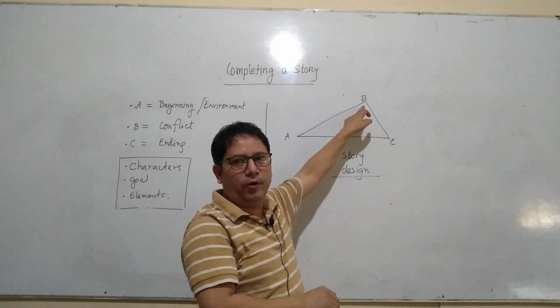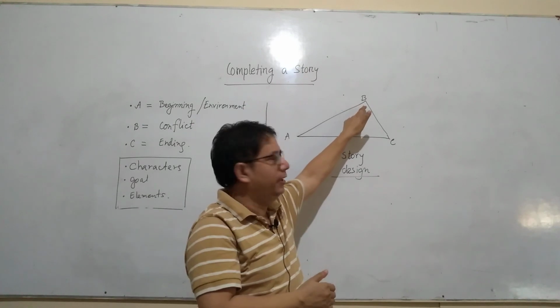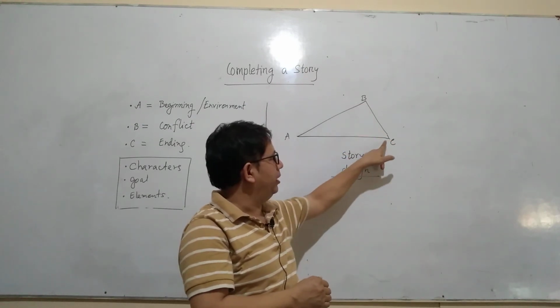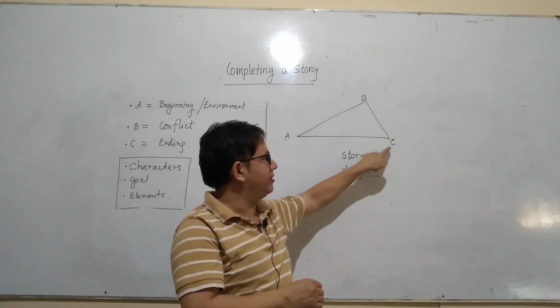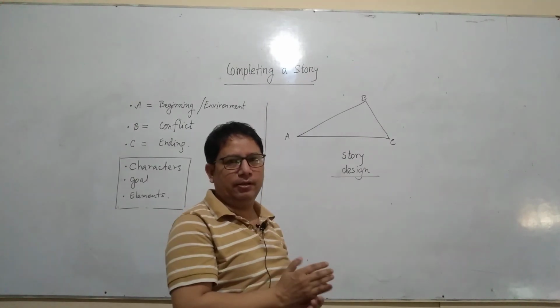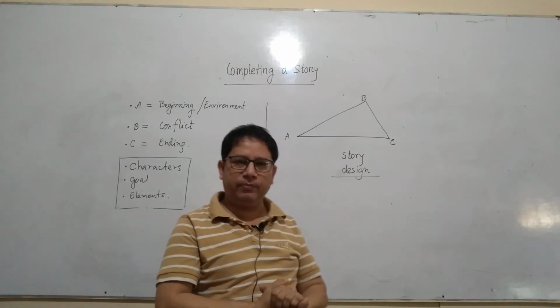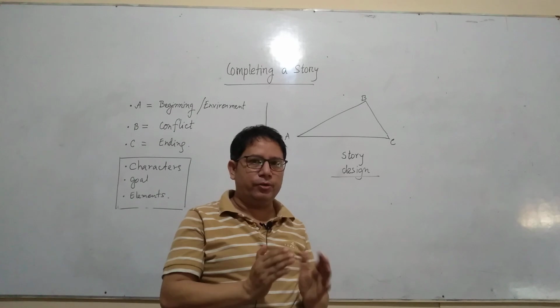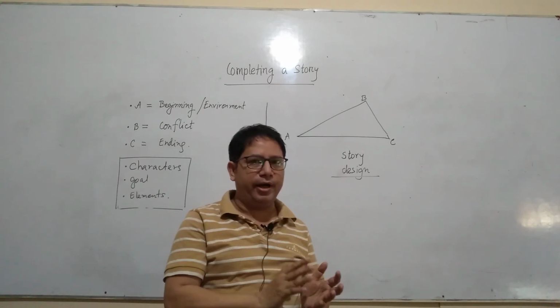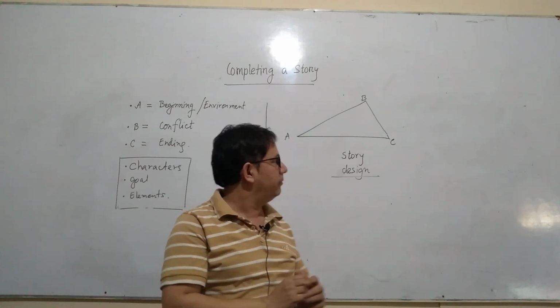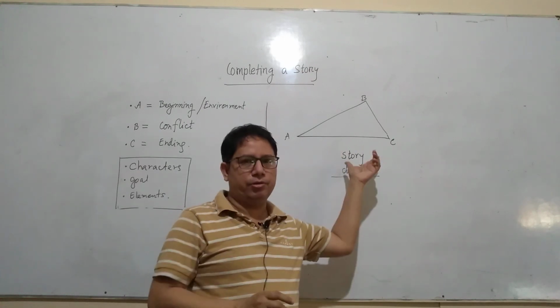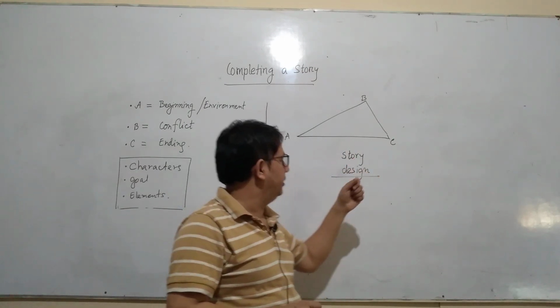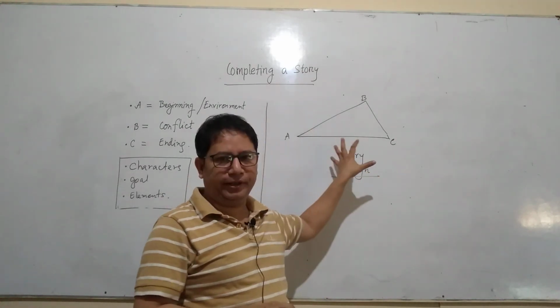Then at one point it cannot move, then it falls. So it comes to the end. So this is the triangle of a story. Everybody who wants to write or make a story should definitely think about a triangle, right? So this is a story design.